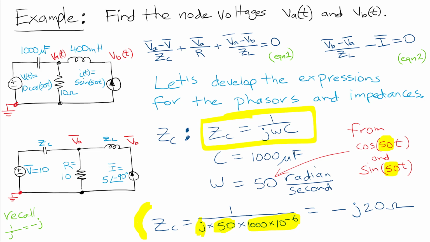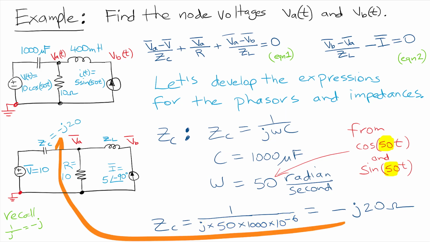When we compute that, it comes out to minus j20 ohms. So that's the impedance of the capacitor. Let's put that value in here so that we label our drawing with all of the values we're calculating. I hope that's straightforward so far.